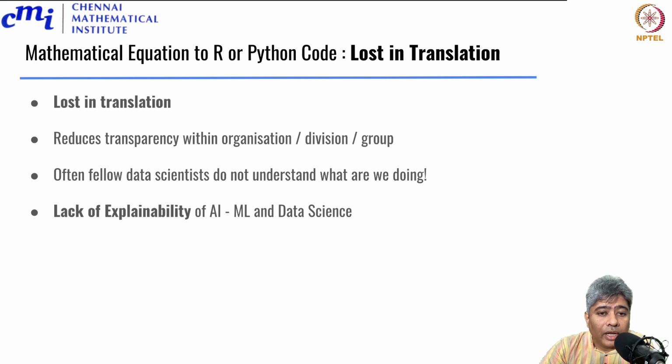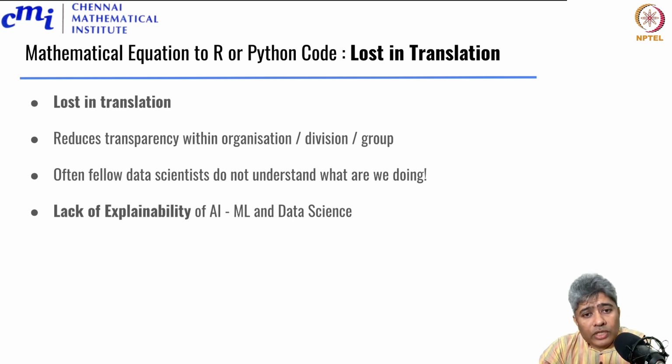Often fellow data scientists do not understand what we are doing. If you write a program in R or in Python and you share it with your friends, I can guarantee that your friends will stumble upon many lines that she or he will have trouble understanding.